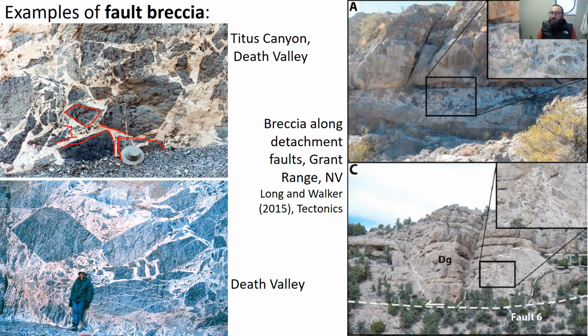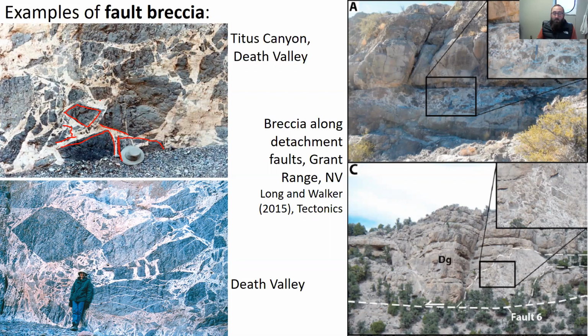Okay, so dilation and volume increase are characteristic of brecciation, or the brecciation class of fault rocks, which implies that the formation of breccias is favored in environments of low confining pressure, and or high fluid pressure, and generally low temperatures. So in other words, typically at depths of 0 to 4 kilometers.